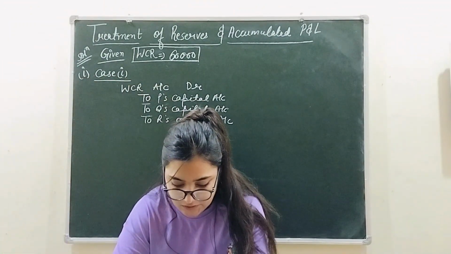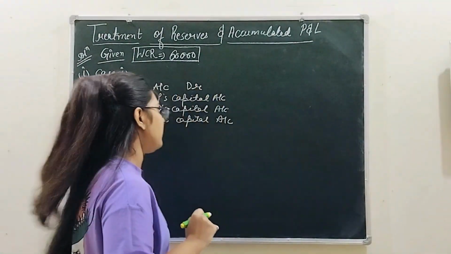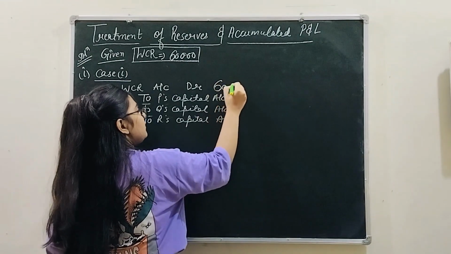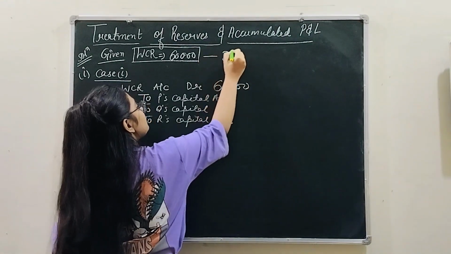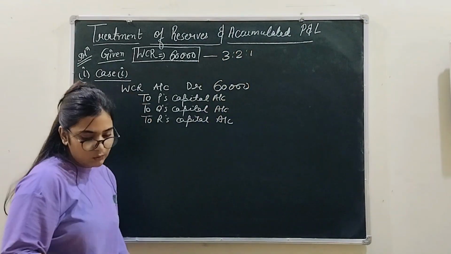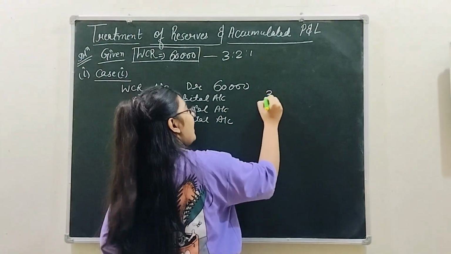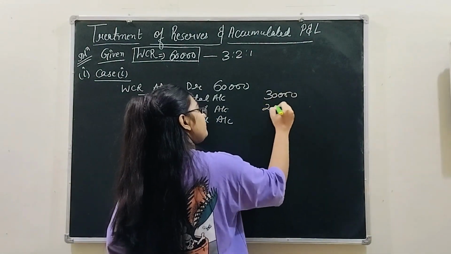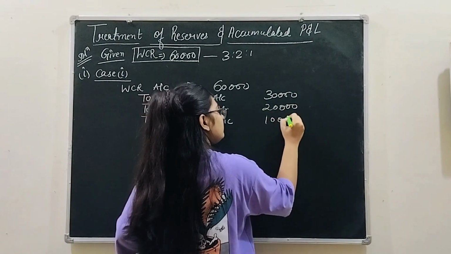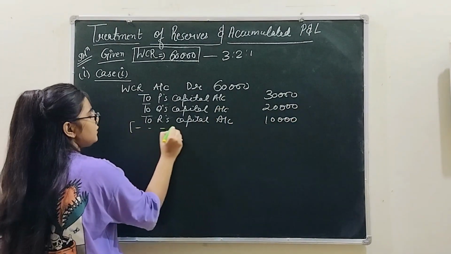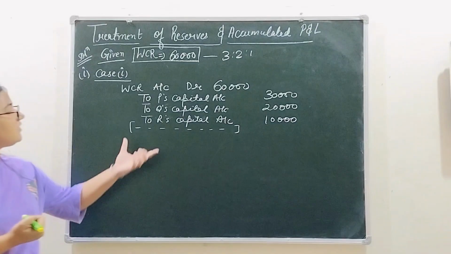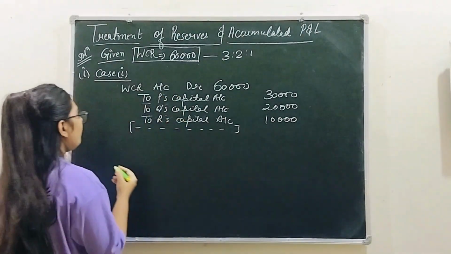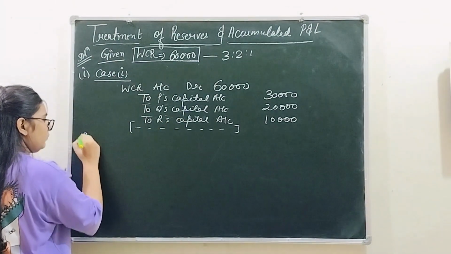And the ratio is 3:2:1. आप पुरानी रेशियो को कंसीडर करोगे. 60,000 को आप 3:2:1 में बांटोगे तो आपका आएगा 30,000, 20,000 and 10,000. Perfect. Just write a small narration here. So this is your scenario 1. Right? Now moving towards your case 2.